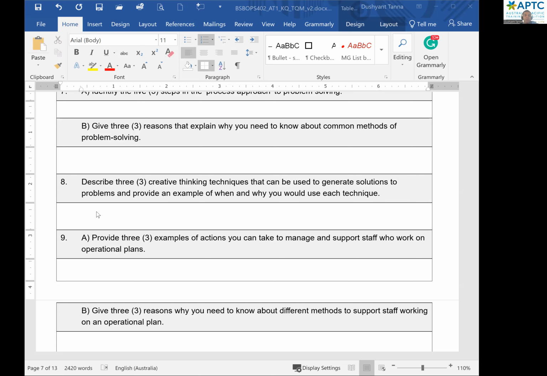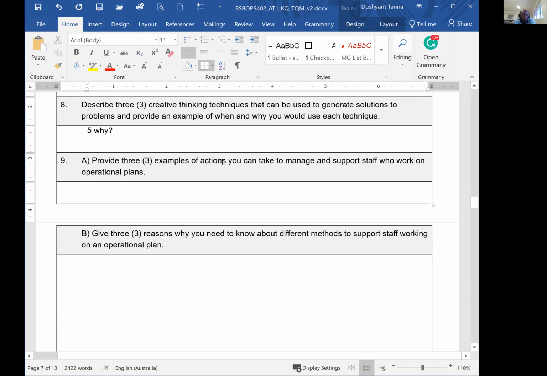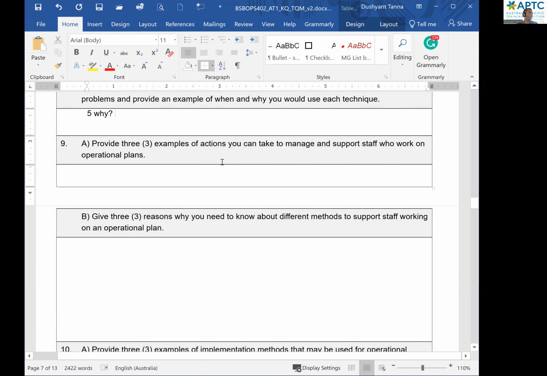And who knows this word? Five Whys. Anyone has seen that before? The Five Whys technique.